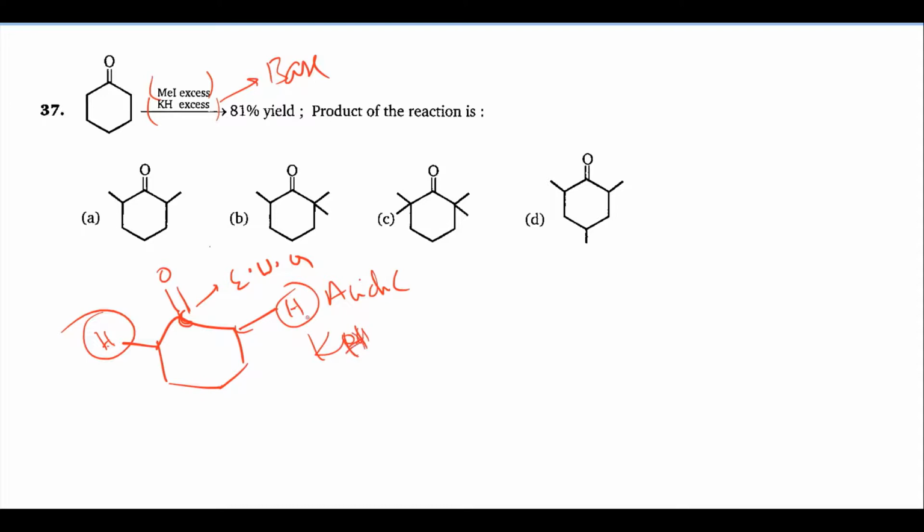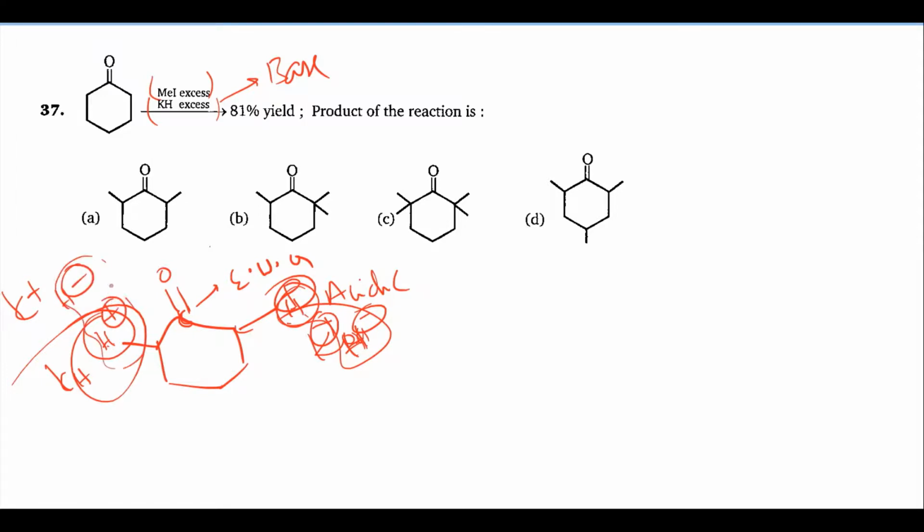KH is a base, H2 is eliminated. Okay, so this is like acid base, KH is base, this is acid, H plus, K plus, H minus. So H2 gas is eliminated, then you are going to get double bond O with negative charges.